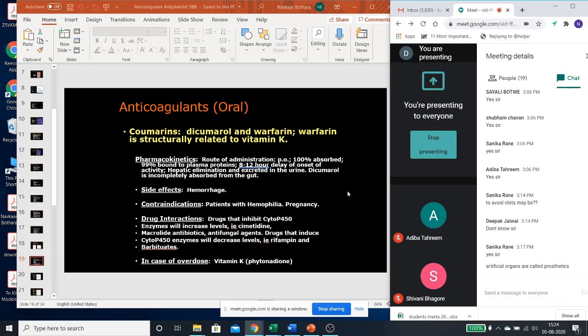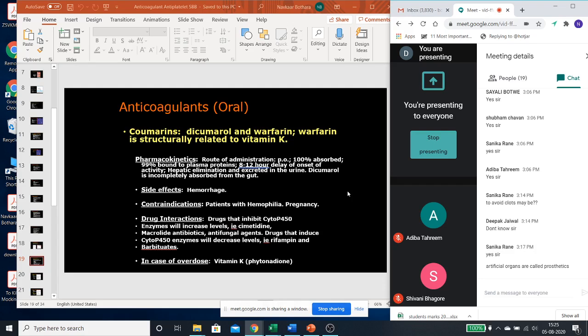This will cause inhibition. Because of that, the metabolism will be slower, lesser metabolism, which will cause drug accumulation. If it is accumulated, then the concentration will increase or it will remain in the body for a longer time. Because of that, it may cause more action or bleeding tendencies.